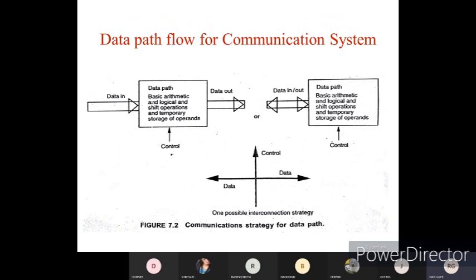As I told you, two types of paths will be established in the embedded system. The first path we call the data path, and the second path we call the control path. In the data path, we mainly concentrate on the given data, meaning how the data flows from one entity to another. We call it the data path.